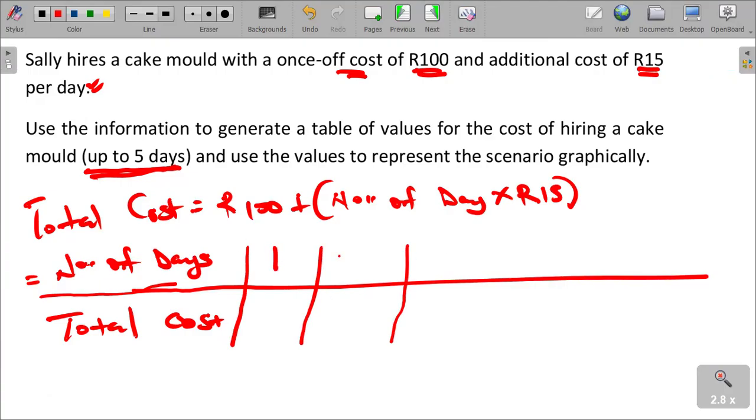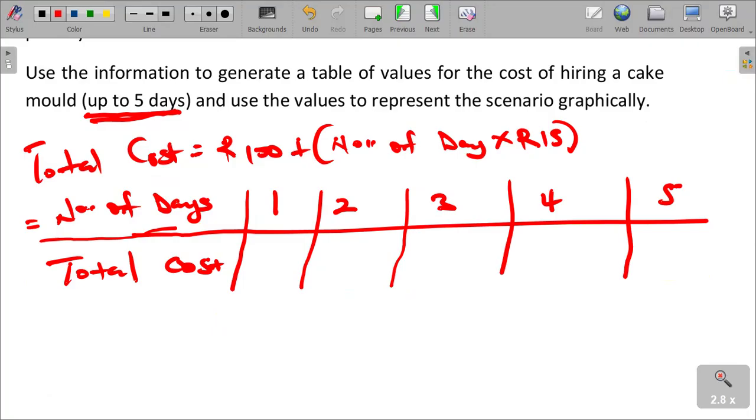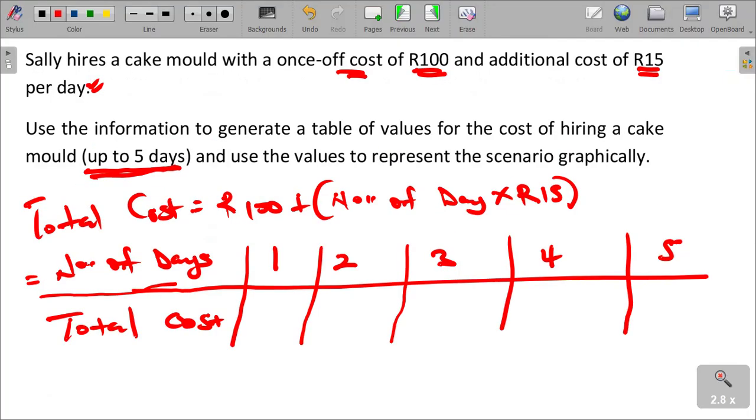We have 1, 2, 3, 4. We are told that the mod is going to be hired for 5 days. So this is the information that we have. Total cost is equal to 100 rand, which is a once-off cost, plus the additional cost of 15 rand per day.